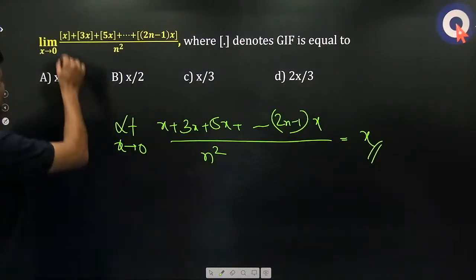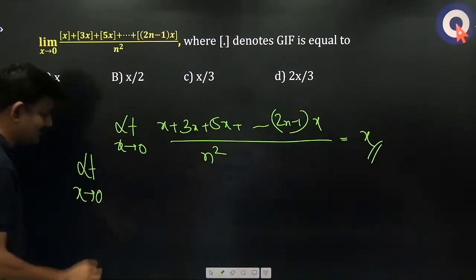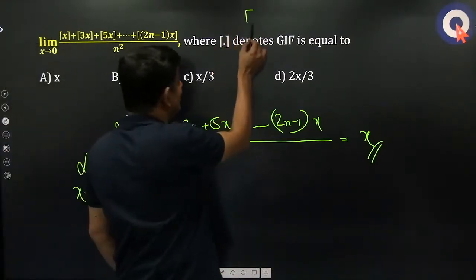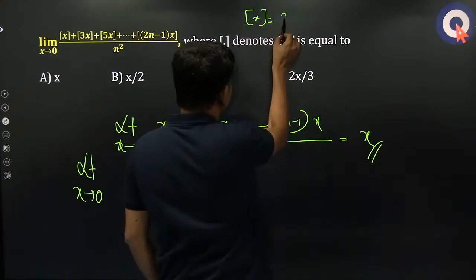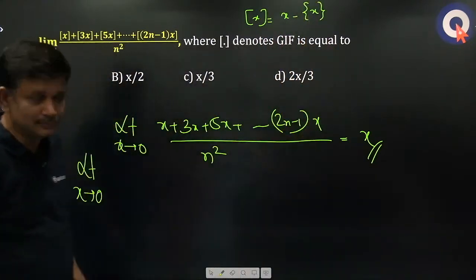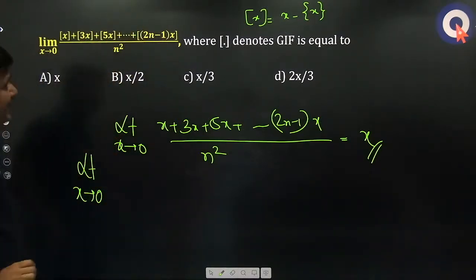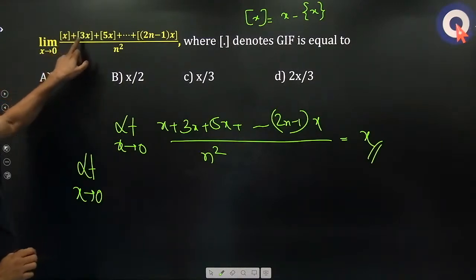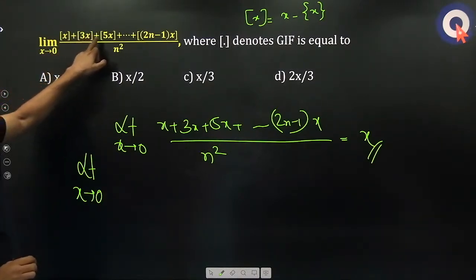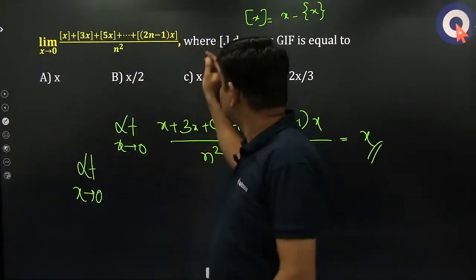Now let us see what is this integral part doing. How is integral part related to this? Integral part of x, we know it is x minus fractional part of x. Yes or no? So this whole thing, I can write it as x minus fractional part of x, 3x minus fractional part of 3x, 5x minus fractional part of 5x, so on.